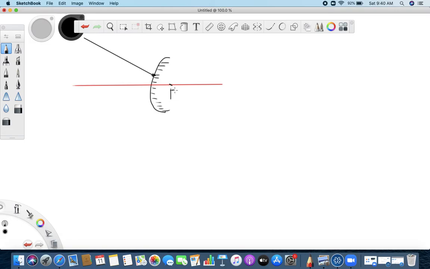Now this is your F. So when you extend it, it passes through F. But after reflection, it will become parallel. So this is what happens for the same rule. So we have learned two rules, right? Let's see the third one.